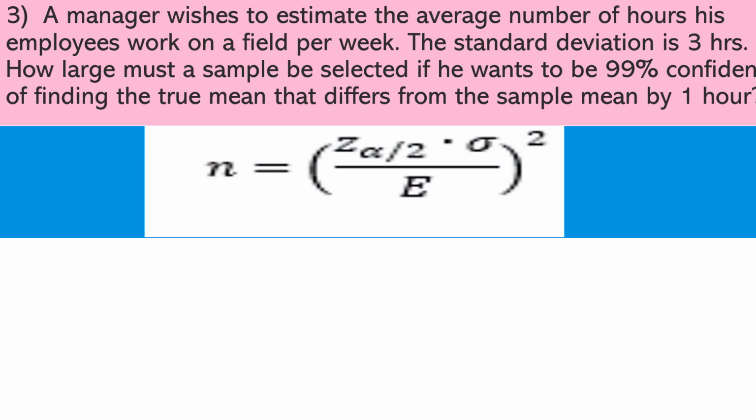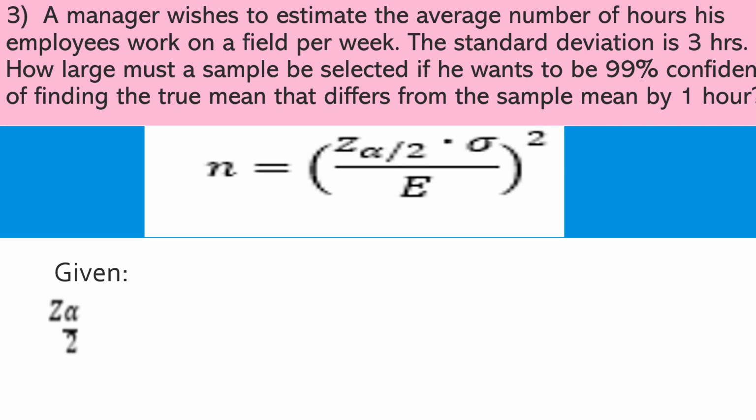Okay, so we derive the formula in the formula notation. So we have n, the sample size is missing. This is equal to the confidence coefficient times the standard deviation divided by the margin of error multiplied by itself. Okay, so let us list down the data. So we have the confidence coefficient.